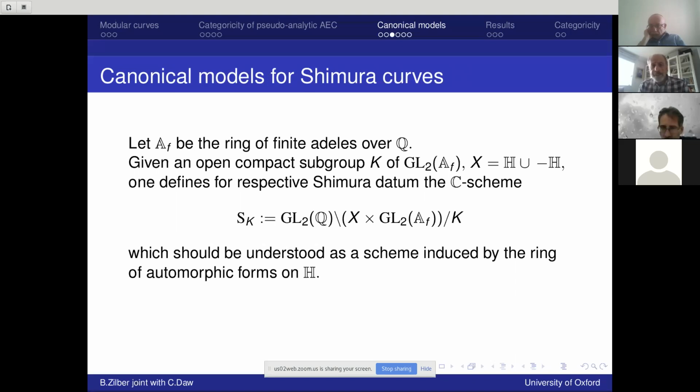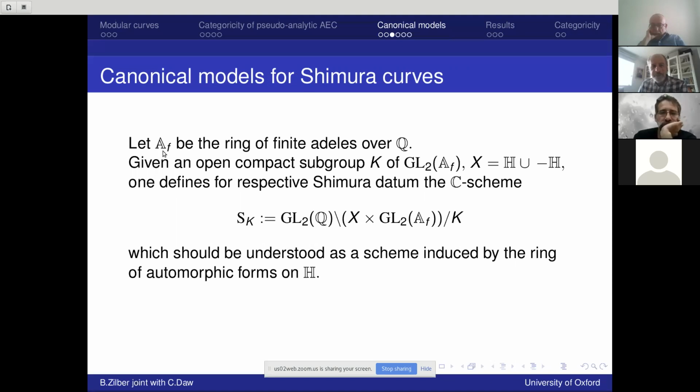Right, and this whole theory is related to working over the ring of Adeles, and in fact, more specifically, we can consider the subring of finite Adeles.